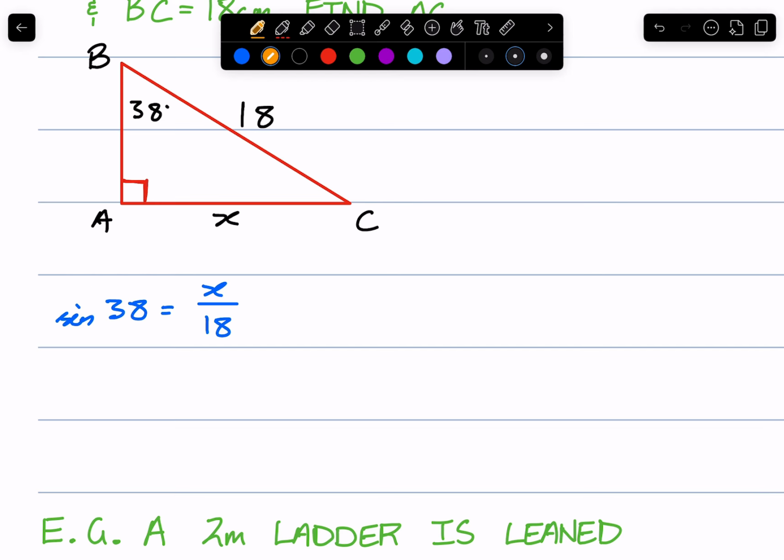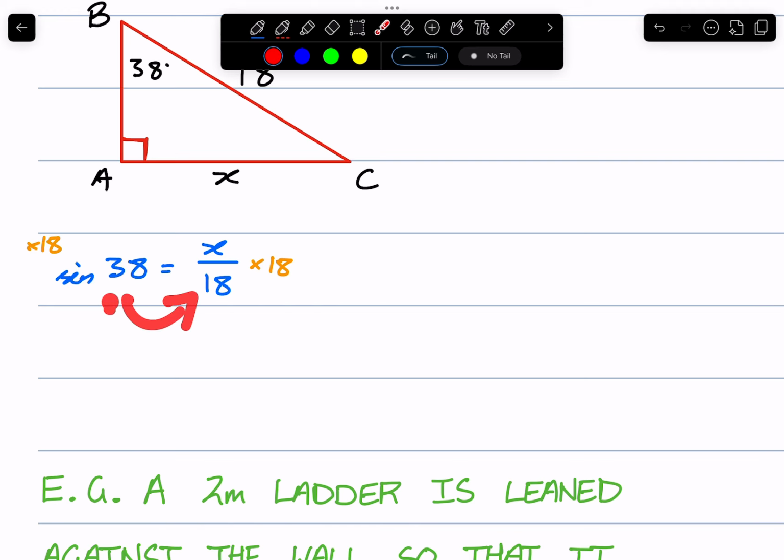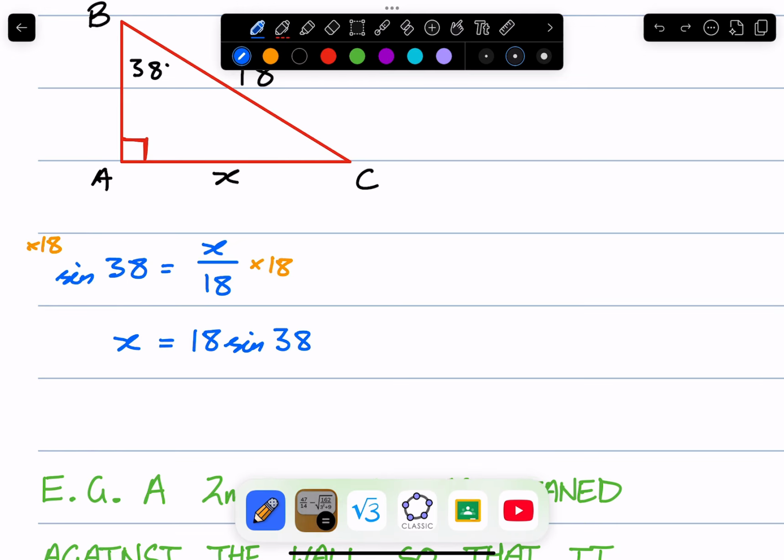Then from here, we multiply both sides by 18. I'm going to switch the way we're writing this because the 18s cancel out, leaving us with x by itself, but I'm going to write it on the left-hand side instead. Since this is 18 times sine 38, we can write this as 18 sine 38, and it is this that we type into our calculator.